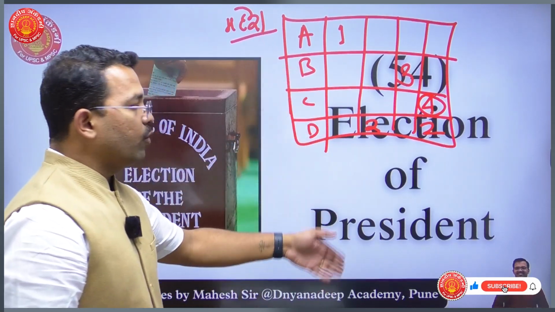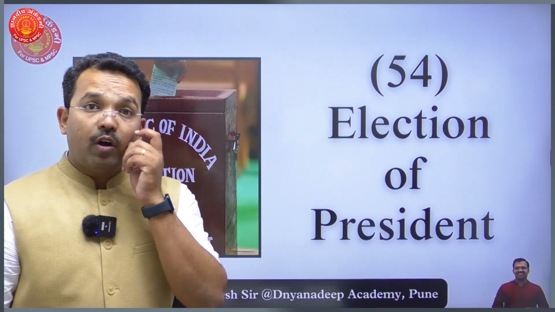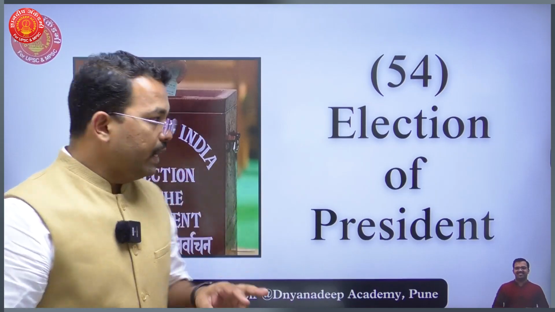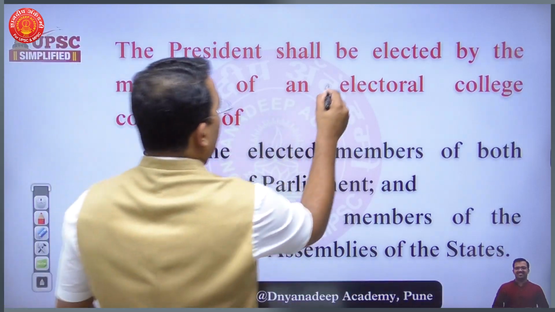Now we'll try to understand what is given in this particular article. Article 54 talks about the election of the President of India. Here remember, the President is elected by a group of voters called the Electoral College.